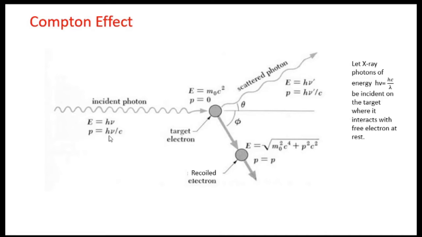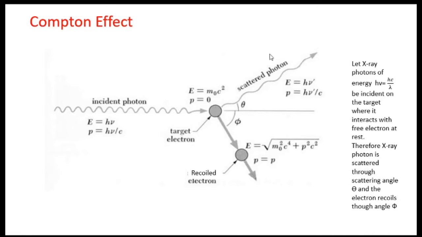But if I use that lambda is equal to c by nu, I can write momentum of photon is equal to h nu upon c. For the free electron, it is at rest, so its momentum is 0, while its energy is purely the rest mass energy, and it is given by E is equal to m0 c square, where m0 is the rest mass of the free electron.